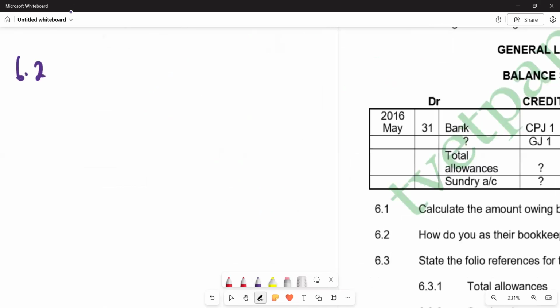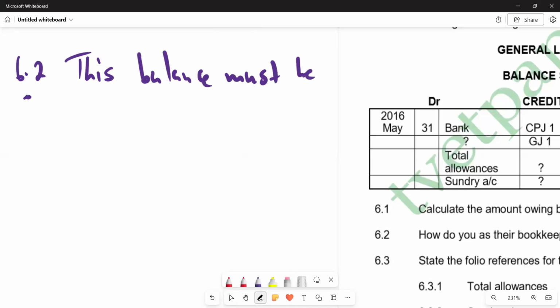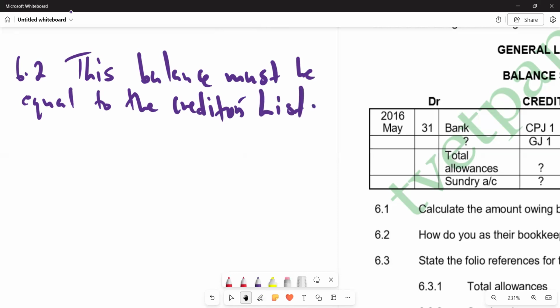So we are saying this balance must be equal to the creditors list. So this is what we write.